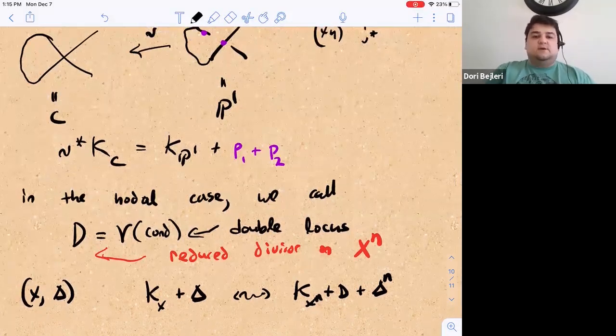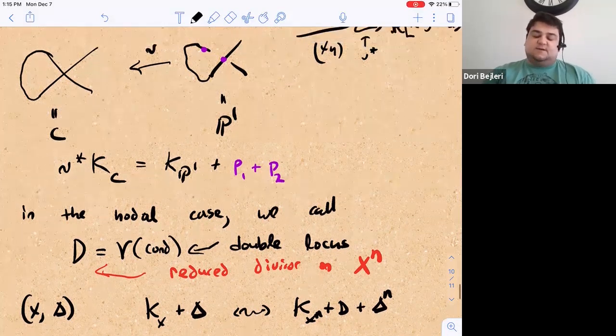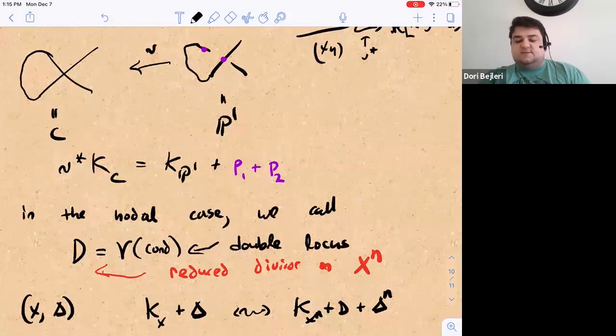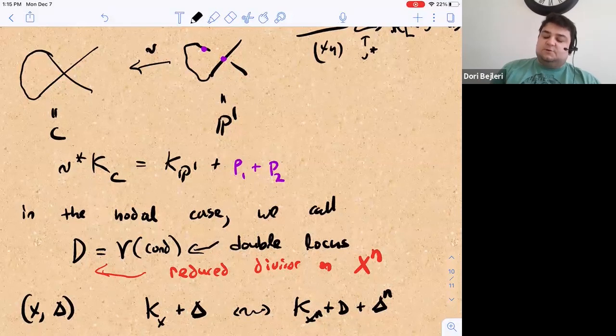This is still a boundary in our sense because we're adding these divisors with coefficient 1 on xn. The issue is if you had worse non-normal singularities like cusps, then this vanishing of the conductor would be some non-reduced divisor, and then when you pull it back, you wouldn't get a boundary pair upstairs. But because we're assuming nodal in codimension 1, we actually always have a boundary pair upstairs.